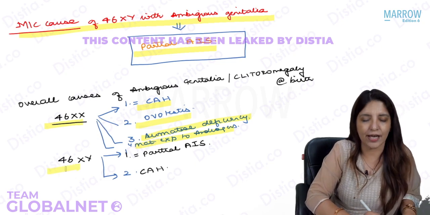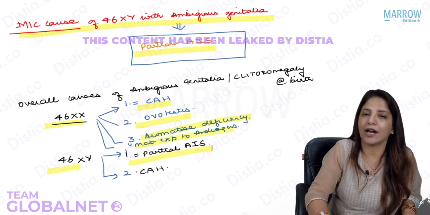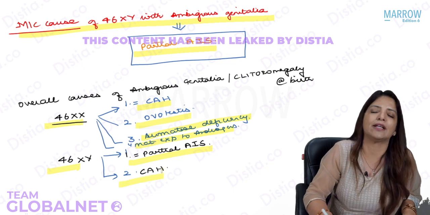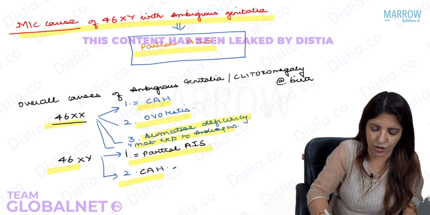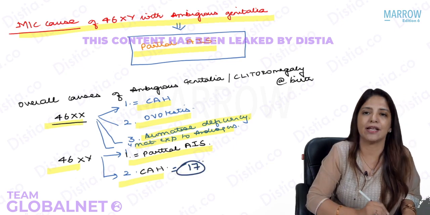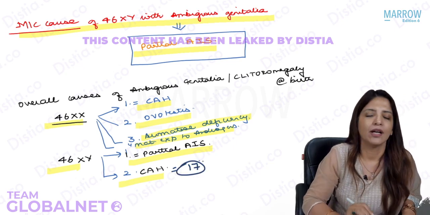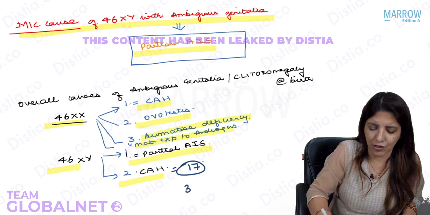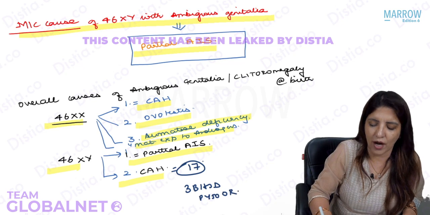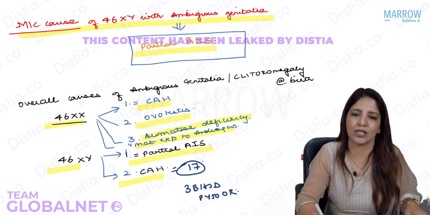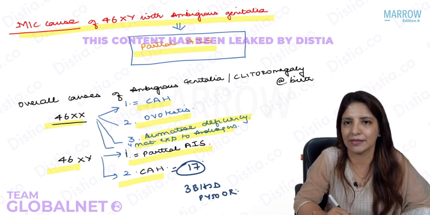In a 46XY individual: partial androgen insensitivity syndrome and congenital adrenal hyperplasia, and you know due to which enzyme deficiencies, the 17 enzyme deficiencies. Clear to all of you? Along with that, 3-beta HSD or P450 OR, which leads to ambiguous genitalia in both males and females.